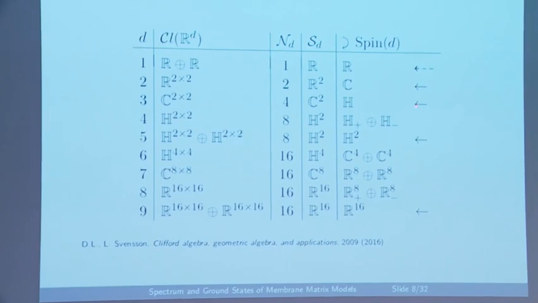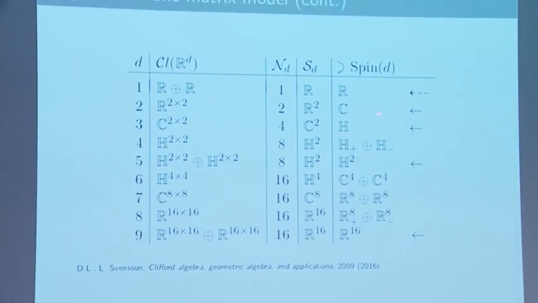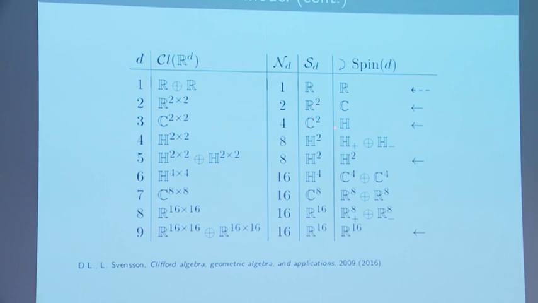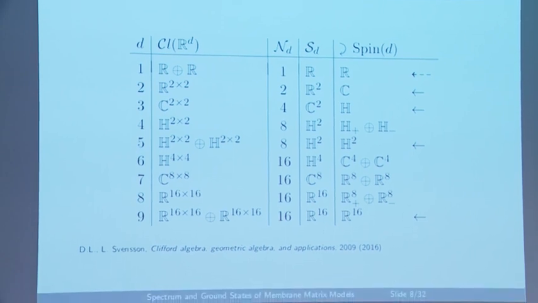This is what I've marked with the arrows. In the 2 case, the structure is real, but in the 3 case the structure is complex, and you can use that. In the 5-dimensional case there's a quaternionic structure, which you can also use. While in the highest dimensional case, which is of the most interest, it is essentially a real structure, but it turns out that there are octonionic features in this case also.